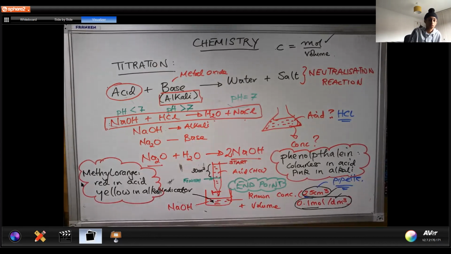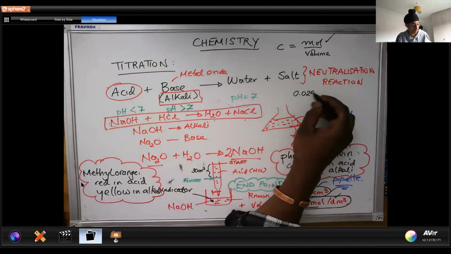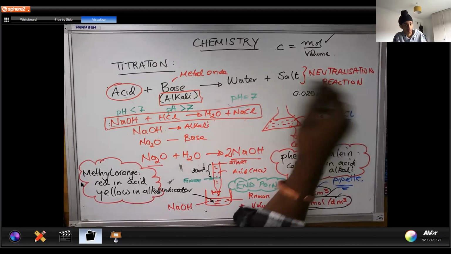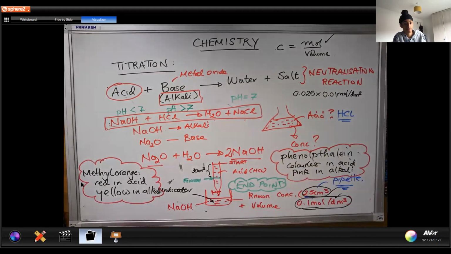By 1,000. Remember, it's 10 cubed, 10 times 10 times 10. So I divide 25 by 1,000. So 0.025, correct. And I'm going to multiply this with 0.1 moles per decimeter cubed. And how many moles of sodium hydroxide does that give me?